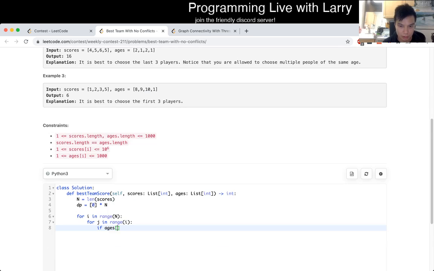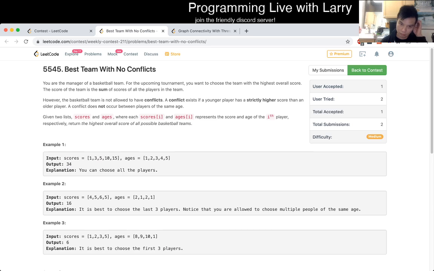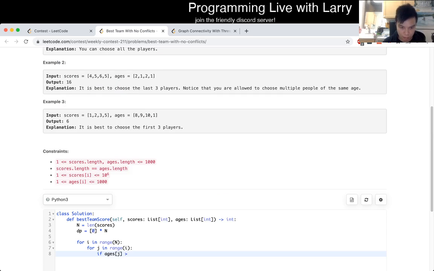Ages, subject. Is equals the opposite of this, right? And school subject.